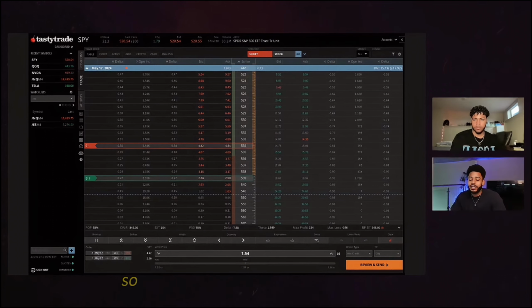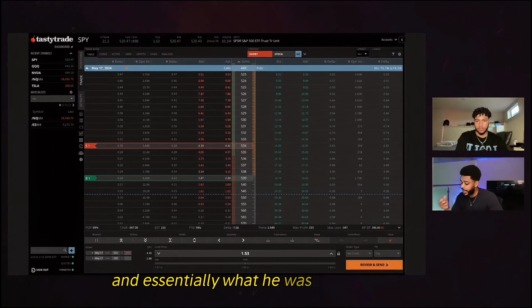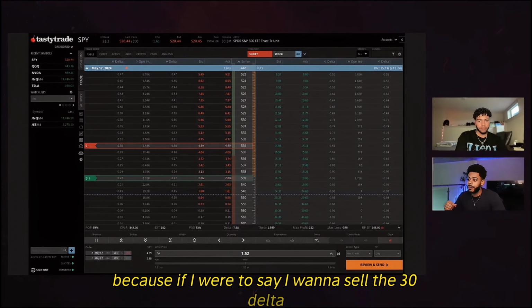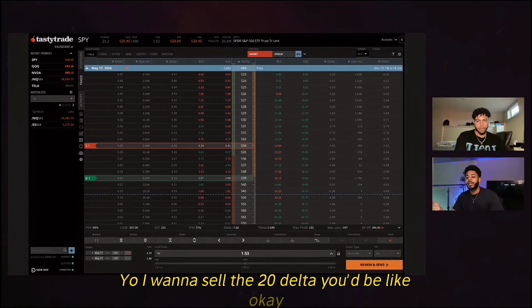I remember sometimes when I would trade with Tom, he would ask, "Are you going to sell the 30 delta or are you going to sell the 20 delta?" Essentially what he was asking was how bearish I am, how aggressive I want to be in this trade. If I said I want to sell the 30 delta, he'd say, "Oh, you're a little bit more aggressive." If I said I want to sell the 20 delta, he'd say, "Okay, you're not as aggressive."